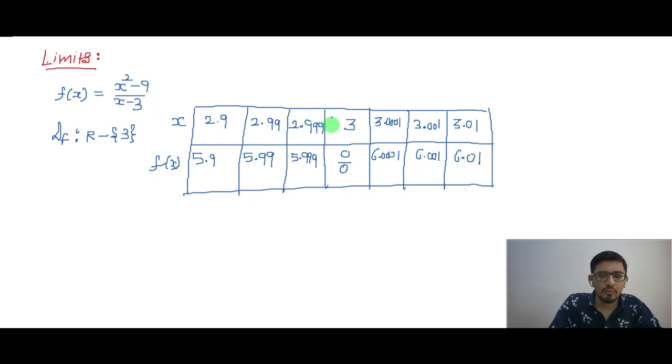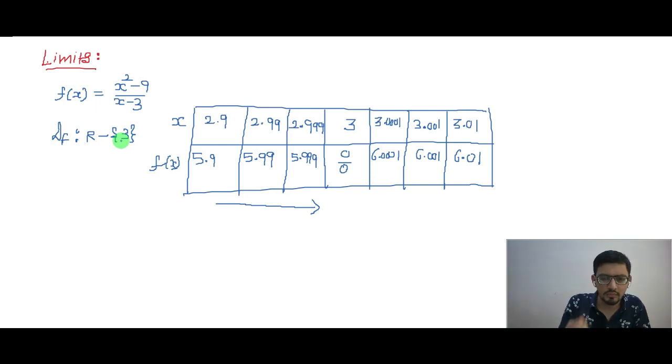So what we can understand here is that x is approaching 3 from the left side. You can see 2.9, slowly the value is approaching towards 3. It's not becoming exactly 3 because 3 is not in the domain. Whether it reaches 3 or not is not the point of discussion.